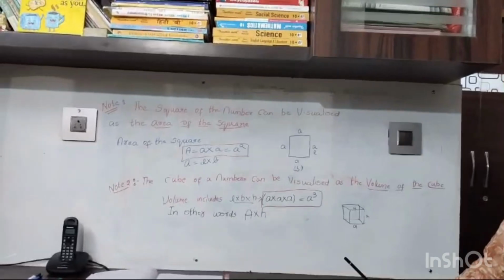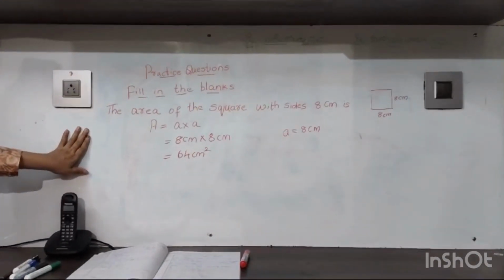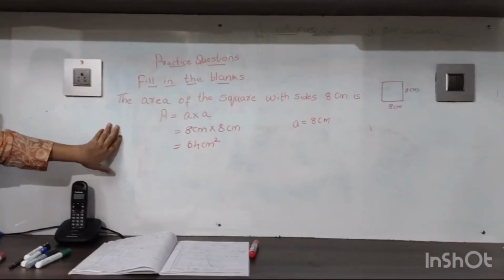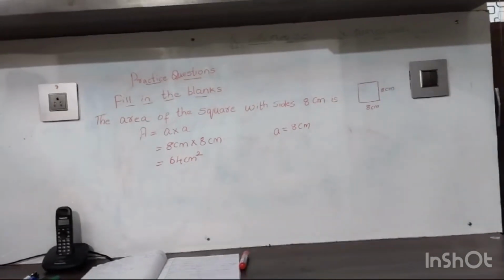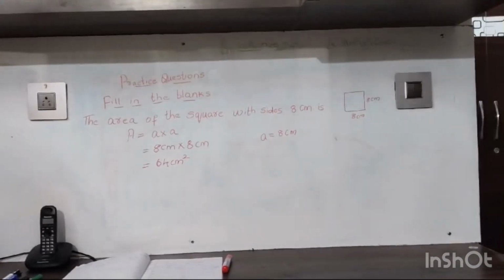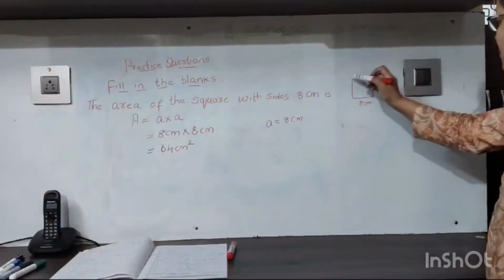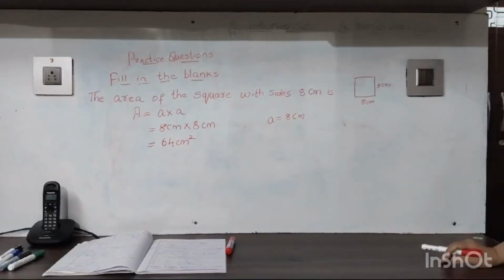Understood, guys? So here are a few practice questions based on that. Fill in the blanks. The area of the square with sides 8 centimeters is. So first write down a square. Write down the sides as 8 centimeters.